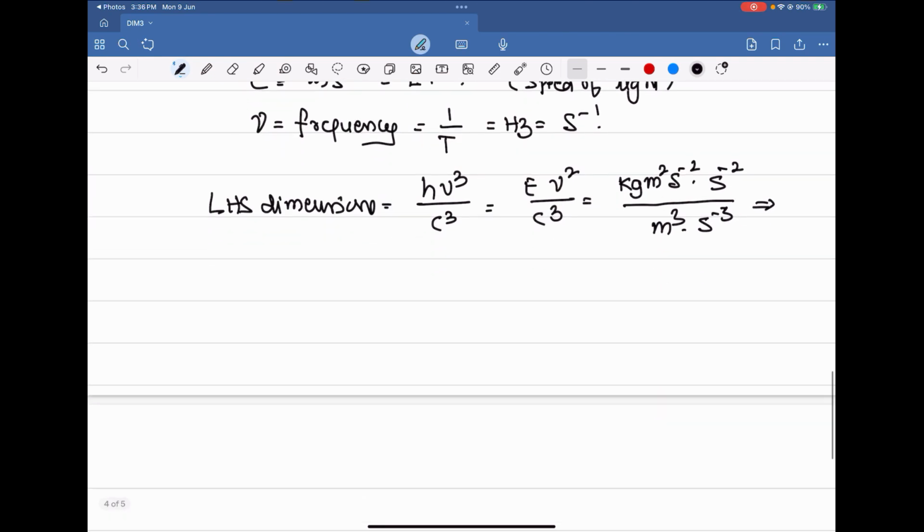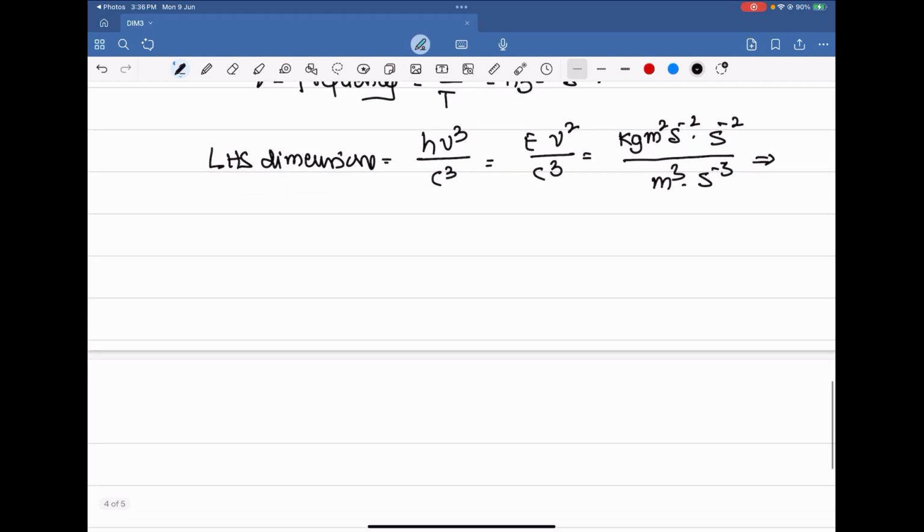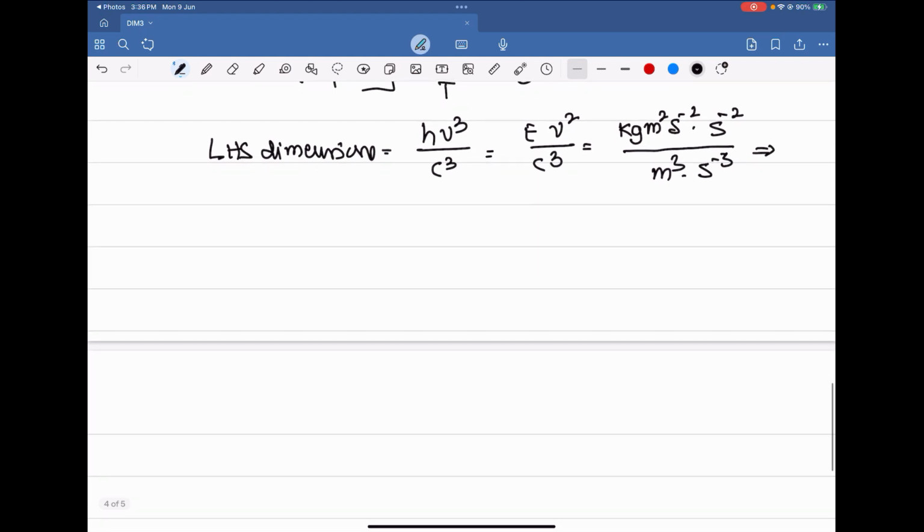That implies left hand side dimensions is equal to kg meter square second to the power of minus 2 into second to the power of minus 2 divided by meter cube into second to the power of minus 3. Now we will simplify it. Kg will remain kg.